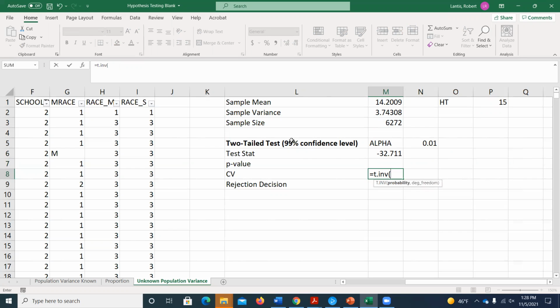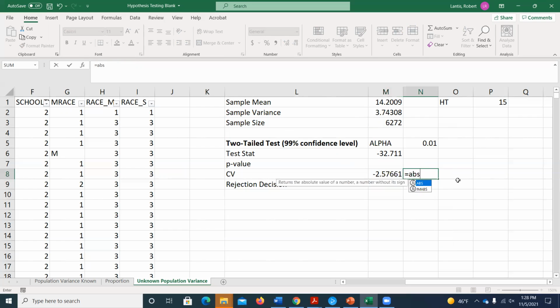It's a two-tailed test. So what area do we want in that lower left tail or the upper right tail? 0.01 divided by 2. My degrees of freedom would be the sample size minus 1, and this should give me the negative critical value for this two-tailed test.